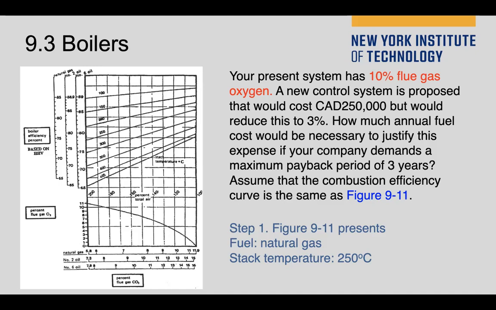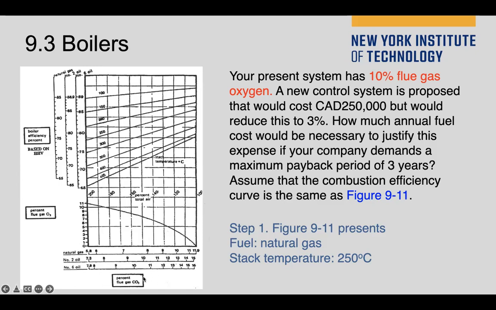Not really, but for this question, it is about the oxygen, and for this chart, we also consider the oxygen. Because if you have the flue gas percentage of carbon dioxide, we are not taking this axis as the reference.